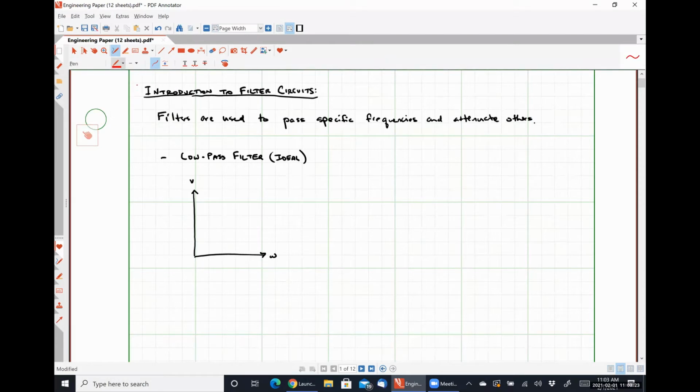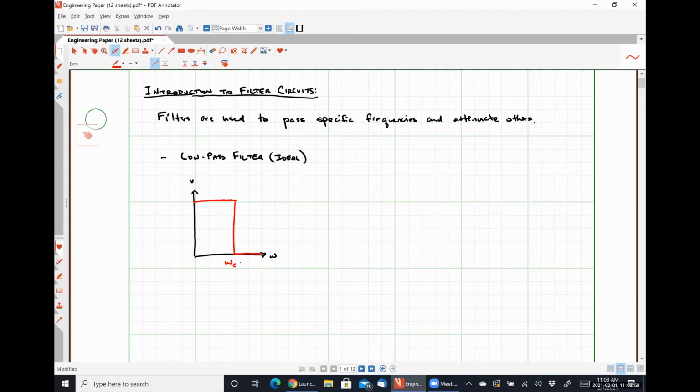So for a low pass filter, we would see that our output signal remains at its maximum until we reach a certain frequency called the cutoff frequency, which I'm going to denote as omega C, after which point 100% of the signal is attenuated.